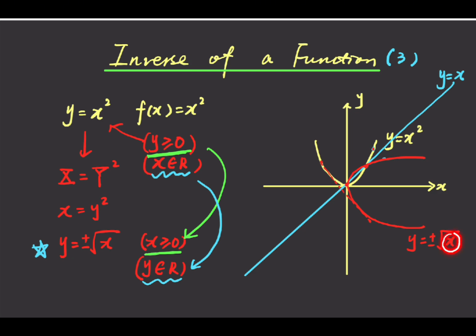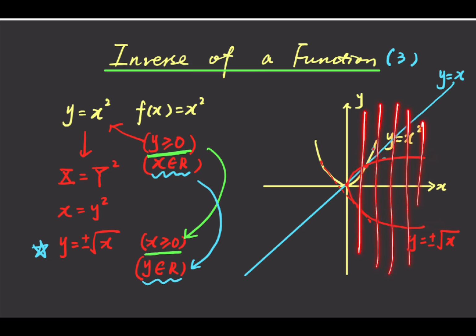For every x, we have two different y values. In geometry, this graph cannot pass vertical line test. Why?